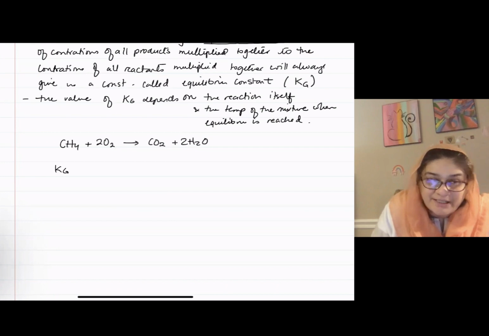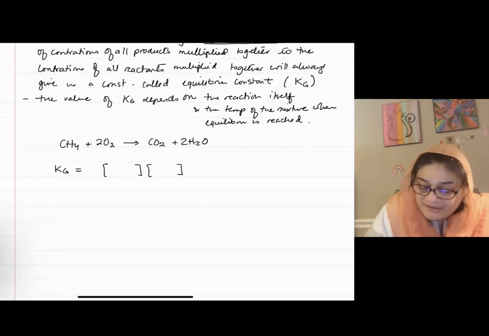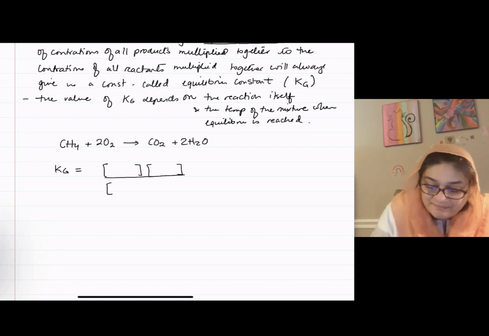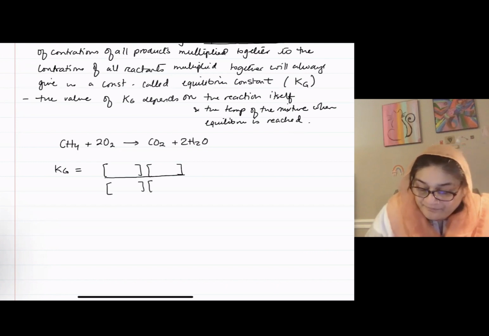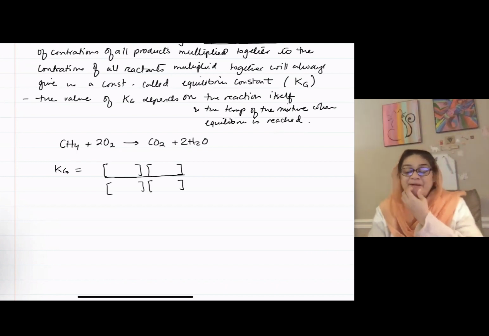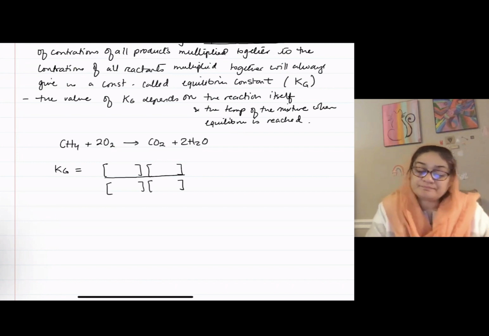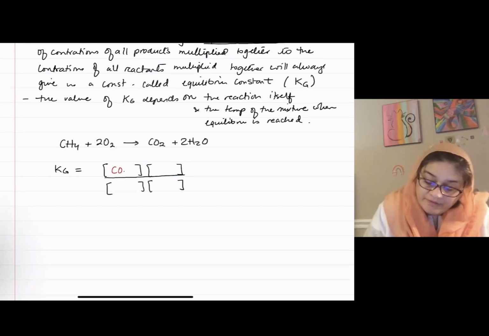Well, Kc is found by figuring out all of the products and all of the reactants. So which are the products in this case? CO2, H2O.